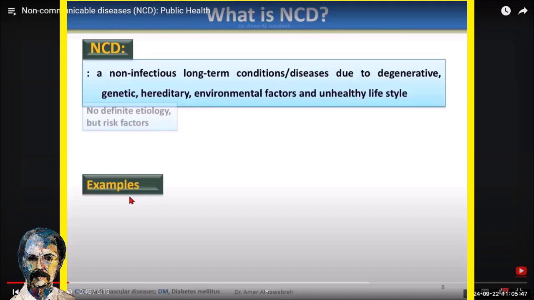Genetic and hereditary causes both involve your DNA, your genome. So there is a mutation. There is something wrong with your genome, either shifting mutations or losing some. These are what we call mutations.